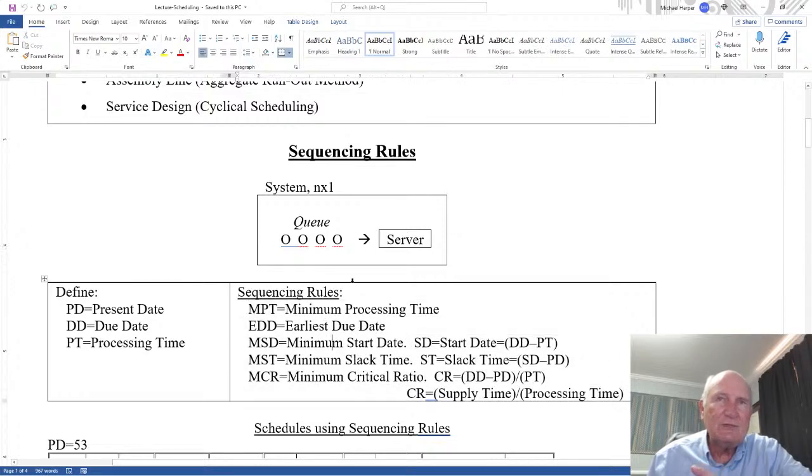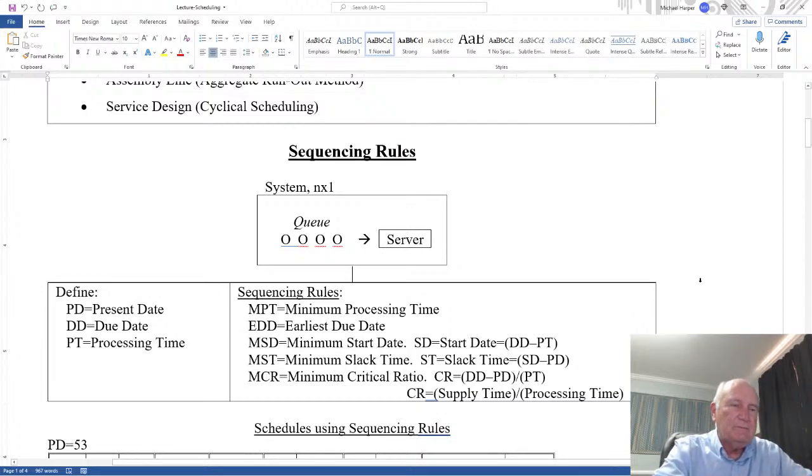Now before I get started with these 5, I'm going to mention a sequencing rule that's not part of these 5, but is extremely common: FIFO, which equals first in, first out, and sometimes it's referred to as first come, first served. Another one is LIFO, which is the same as last in, first out.